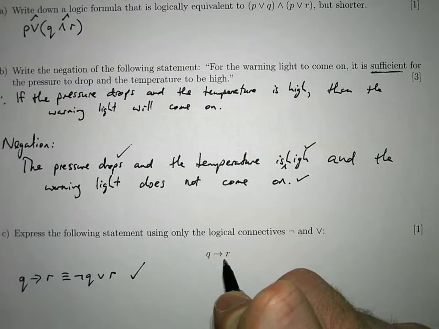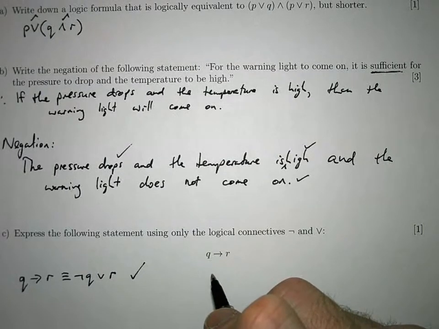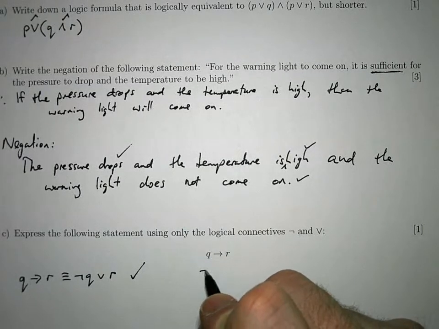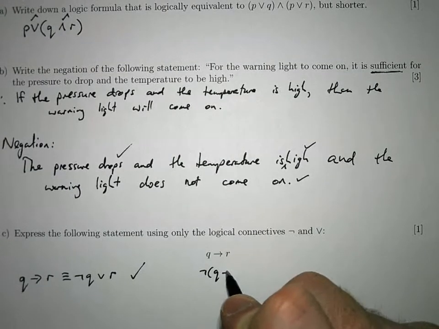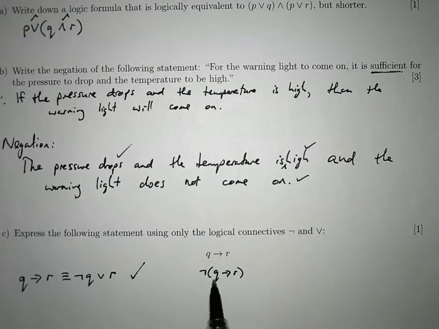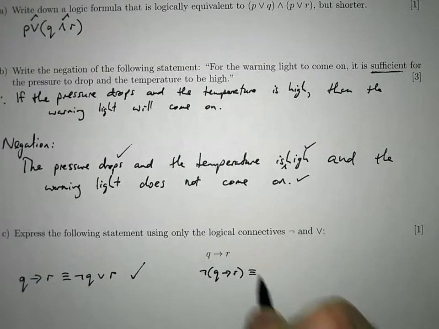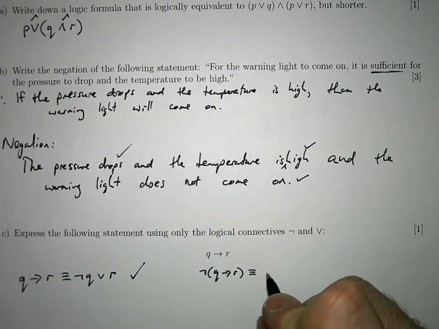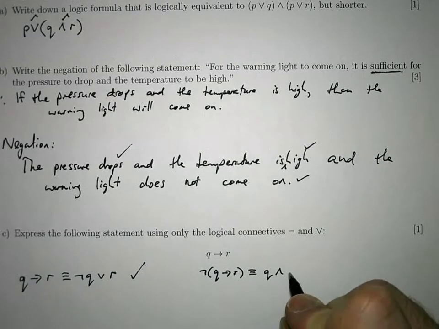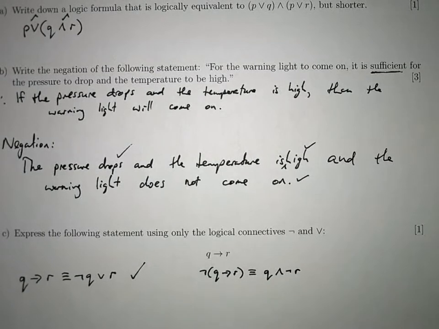This Q implies R. If you know the negation of this, which I find much easier to remember, because Q implies R is only false when Q happens and not R happens. So R doesn't follow from Q. The negation of this is logically equivalent to Q happening and not R happening. Now we don't want something logically equivalent to that, we want something logically equivalent to what we started with.